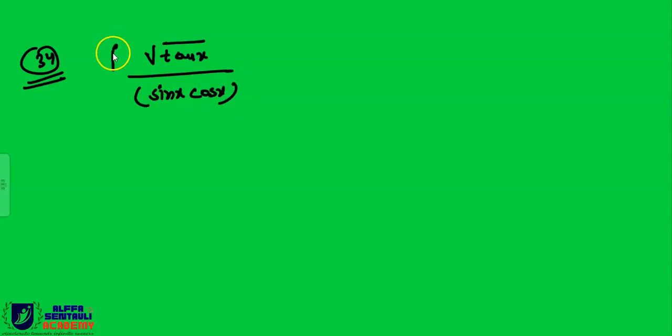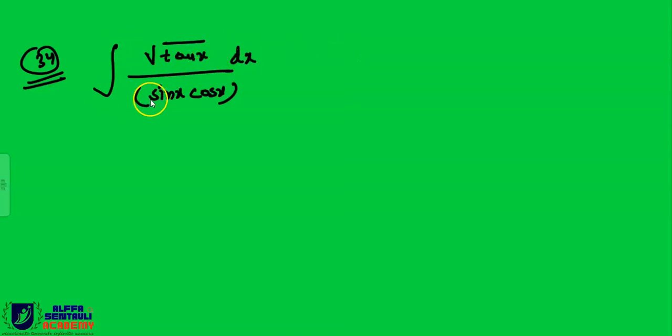Question number 34. So question number 34 is root tan x upon sin x into cos x, right? So this is complete dx. So simplifying this thing, I can write this.